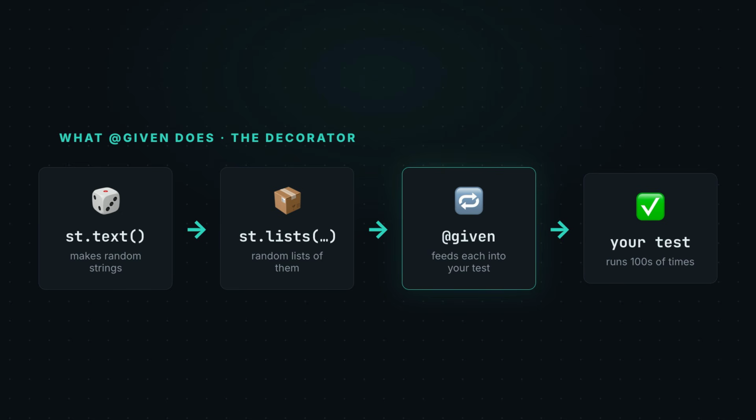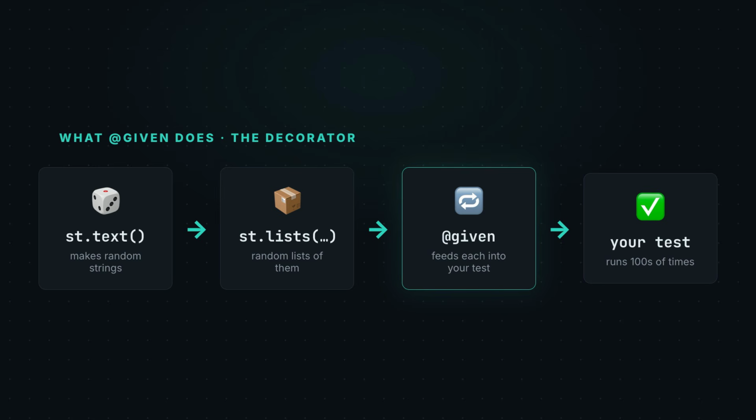And here's the key idea. Given is a decorator. It's the line with the @ symbol that sits on top of your test function. Its whole job is to take that recipe, generate an input, and call your test with it. Again and again and again. Hundreds of times, each with a brand new value.